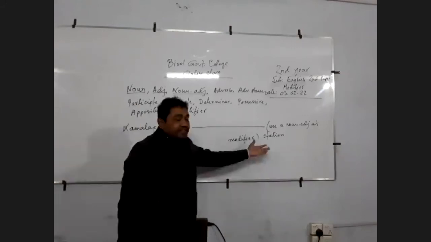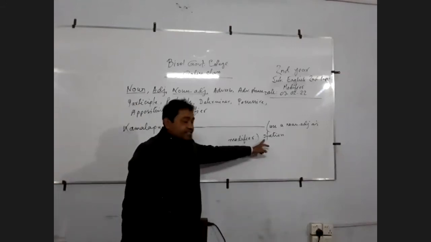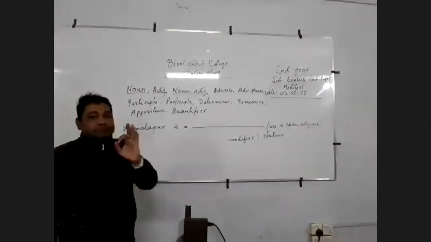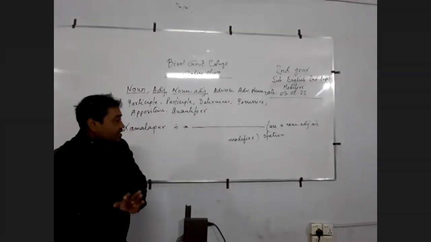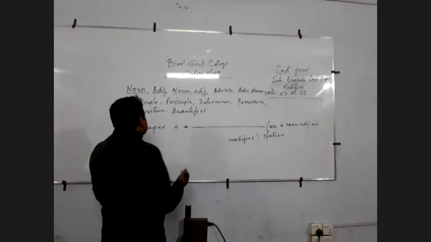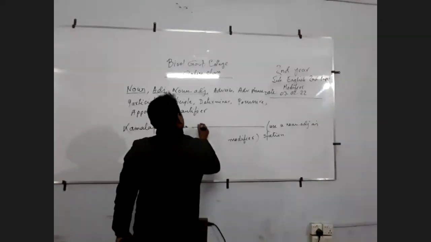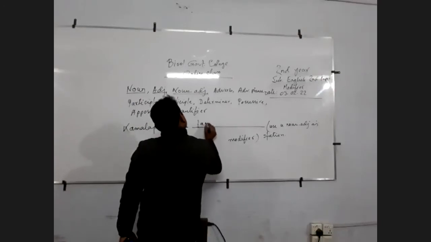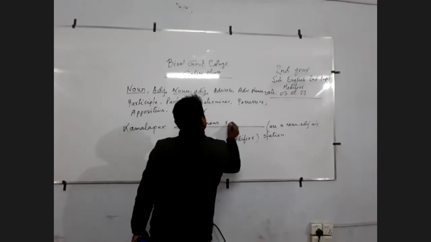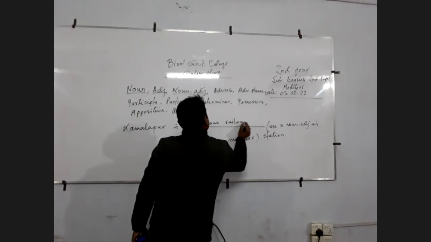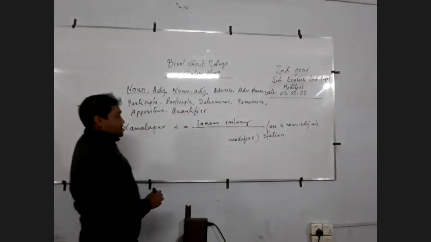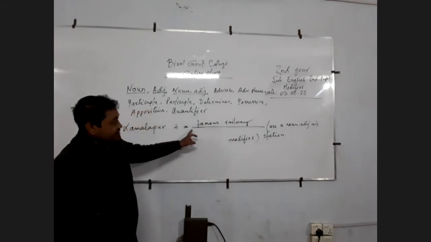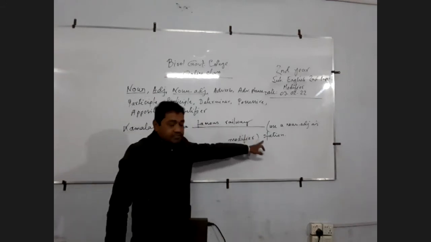So how can you modify this station? You know, Kamalapur, a railway station, is the biggest station in Bangladesh. So you can write here, Kamalapur is a famous railway station.